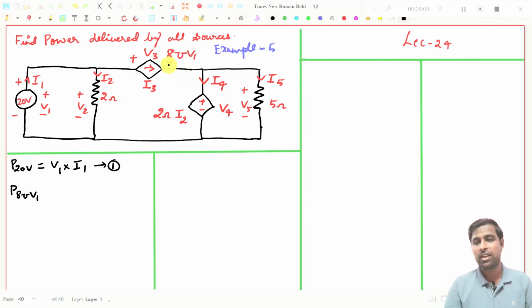What is the meaning of this 8 mho V1 actually? See, I will write here. You have to understand, it should be very clear. So this is actually V by 8. That's all. It is actually V by 8. Current in this branch is nothing but V by 8. That you have to understand clearly.